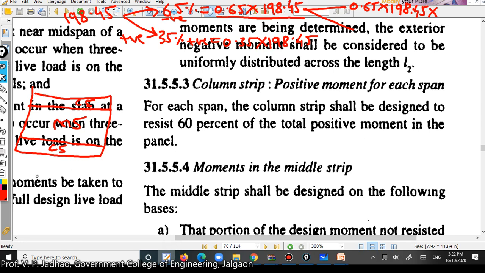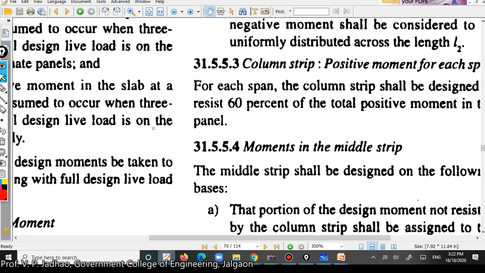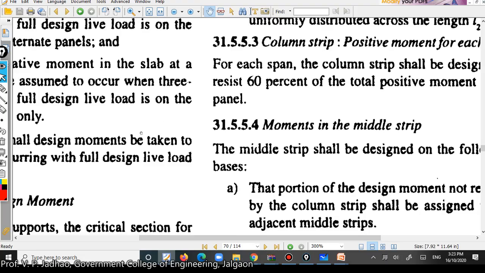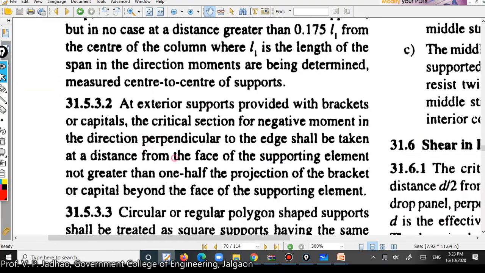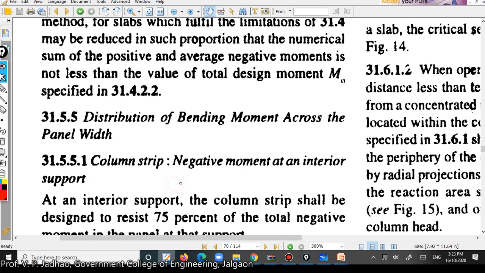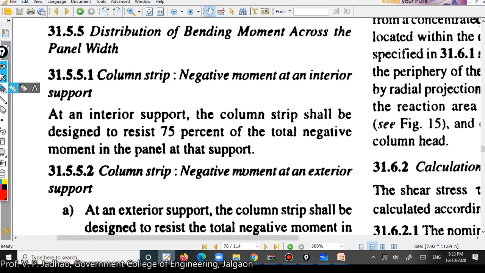Okay, sorry, we are considering the negative bending moment, so that is 75%. It is given here. For negative bending moment, 75% of the total negative bending moment is taken by the column strip.